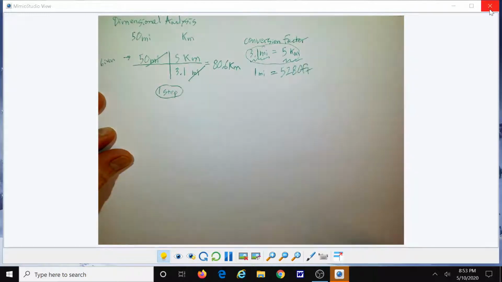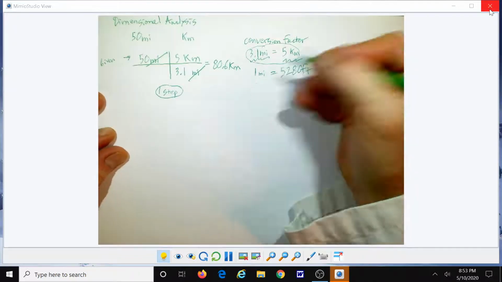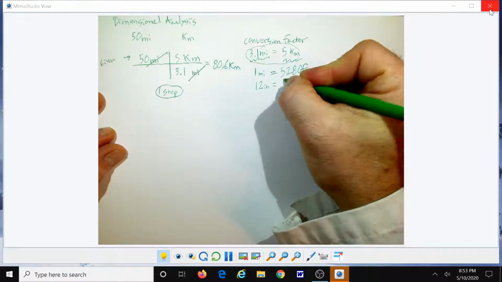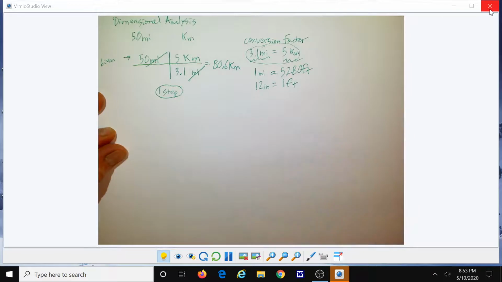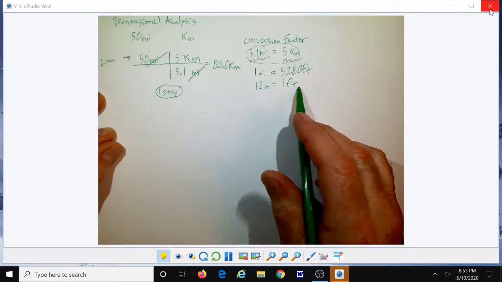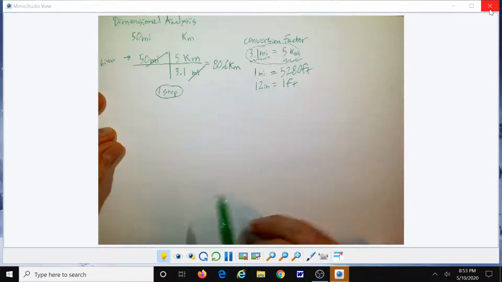So there's another conversion factor. Another one would be: how many inches are in a foot? There are 12 inches in 1 foot. All these are what we call conversion factors that allow us to convert from one unit to another. It can be distance, volume, mass, pretty much anything.